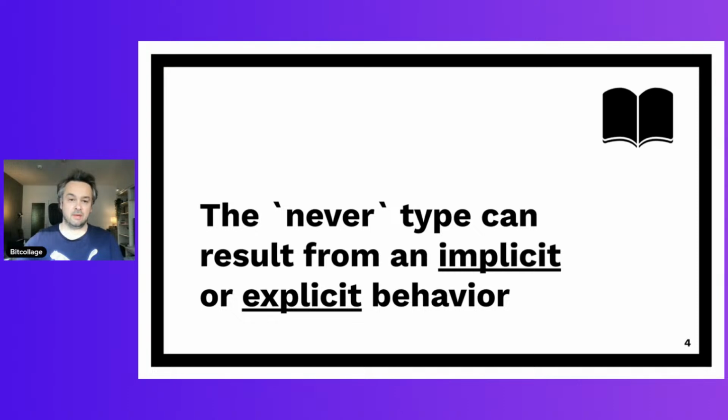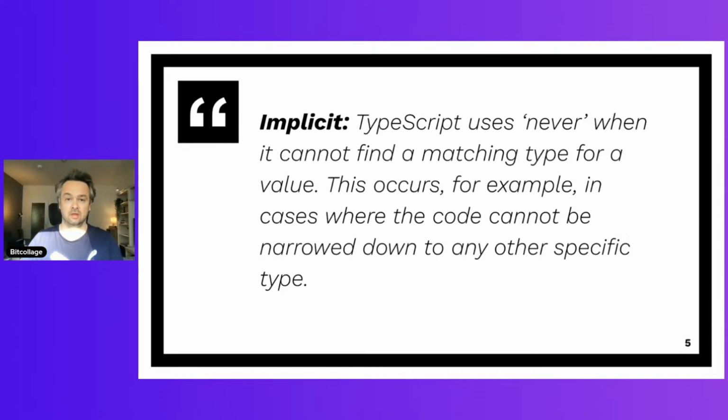The never type can result from an implicit or from an explicit behavior. Implicit means that TypeScript uses never when it cannot find a matching type for a value. This occurs, for example, in cases where the code cannot be narrowed down to any other specific type.